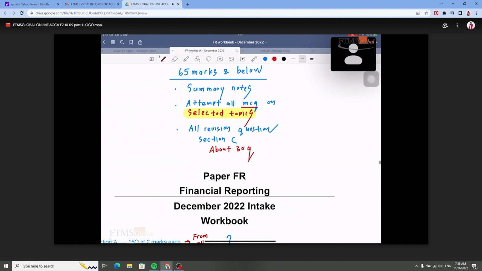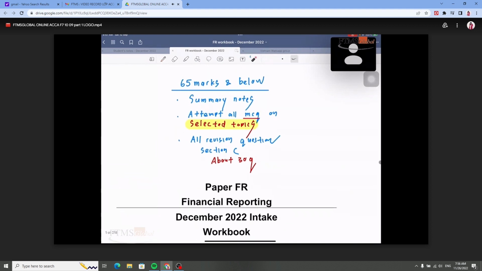Then most likely you will be able to get 65 marks and below. So actually it's not really a lot of things I need you to do. It's just the summary notes, then attempt all the MCQ and 30 section C questions. Then you'll be able to get 65 marks and below. My focus is to help you pass your exam. I'm not here to make you a prize winner.